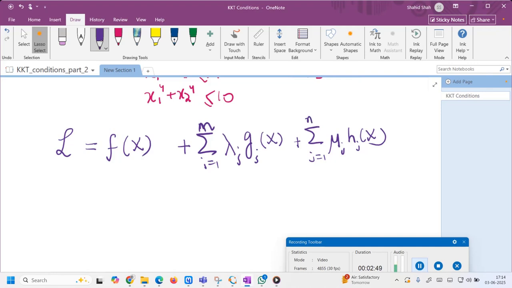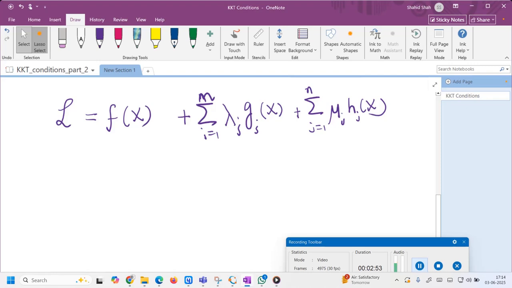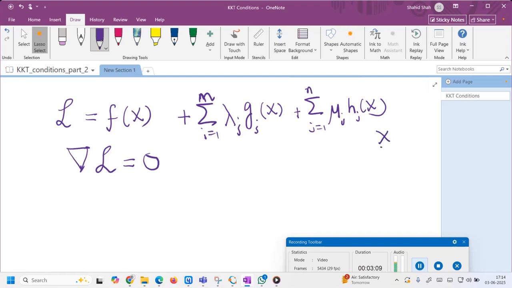Fine. And then what are the necessary conditions for KKT? What is the solution of this? First thing is that you need to find the gradient of the Lagrangian equal to 0. You need to find the gradient with respect to all the components x1, x2 up to, suppose, xN.